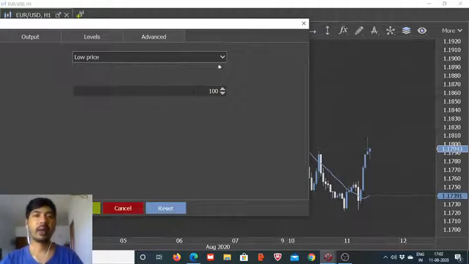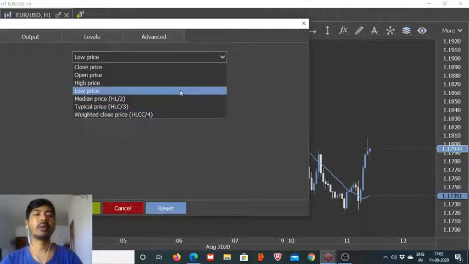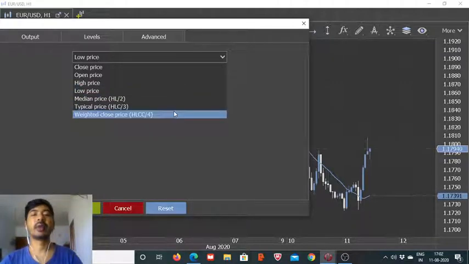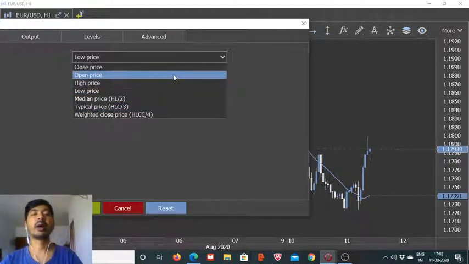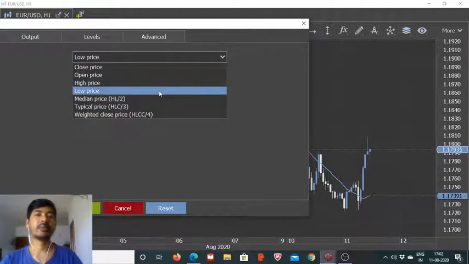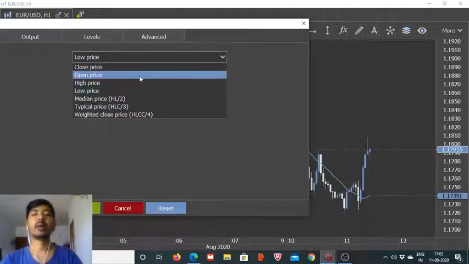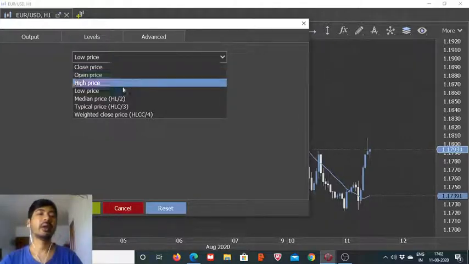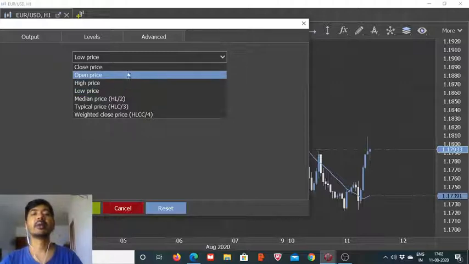If we choose the low value, it has gone down to 1.1739. And similarly we can choose different options as well, like median price, typical price, weighted close price, and also the open price. All these listed values can be taken as the applied prices, and accordingly the calculation will take place.